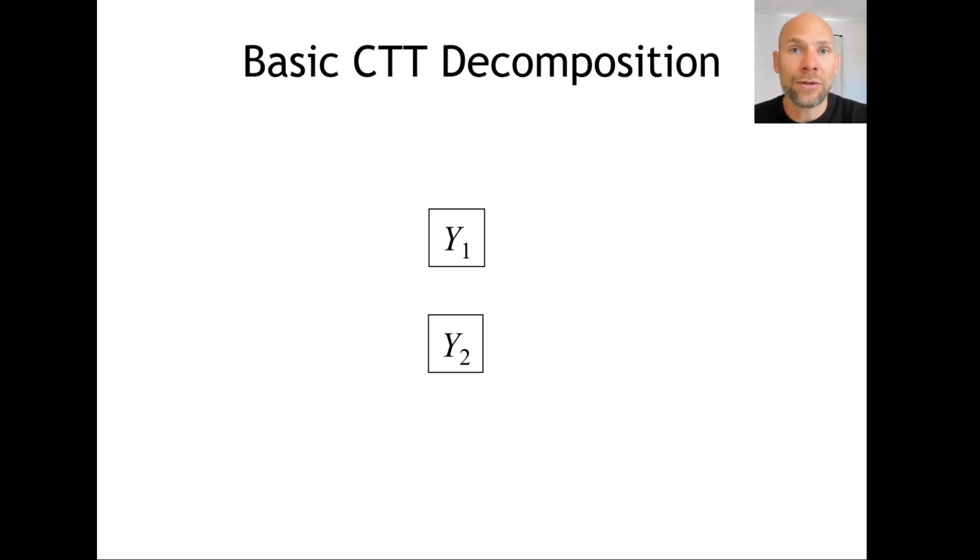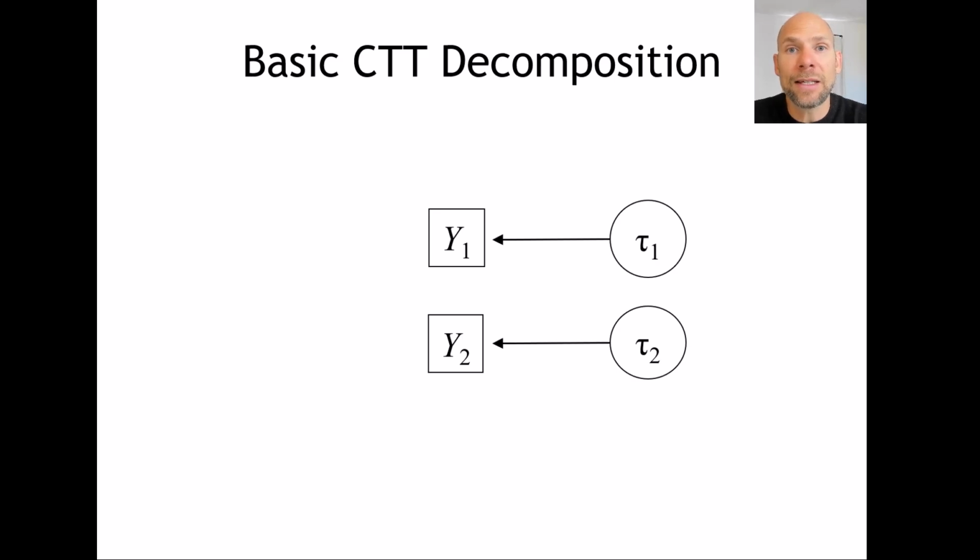Or even, under certain circumstances, Y1 and Y2 could refer to different items of a given test, as long as we can assume that those items are on a continuous scale level, meaning that these variables Y1 and Y2 are metrical or interval scale.